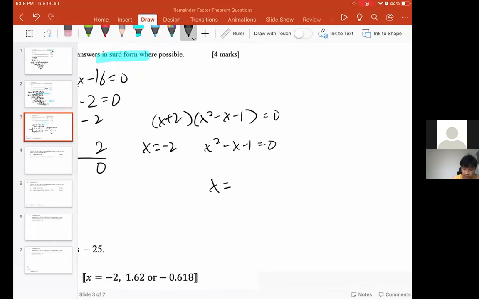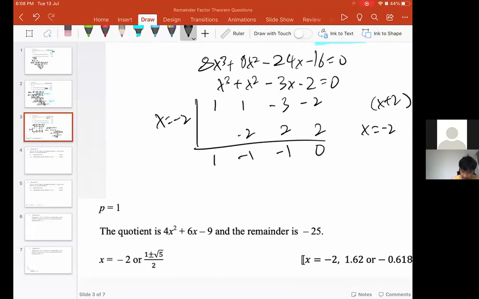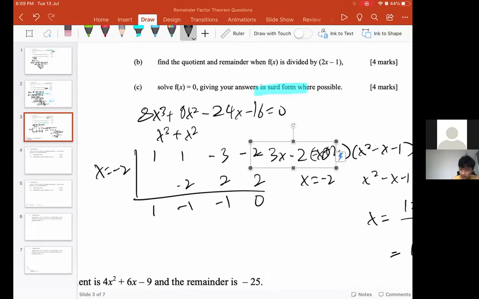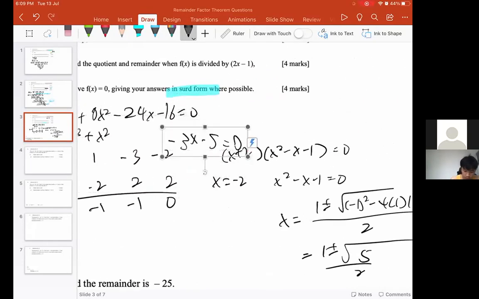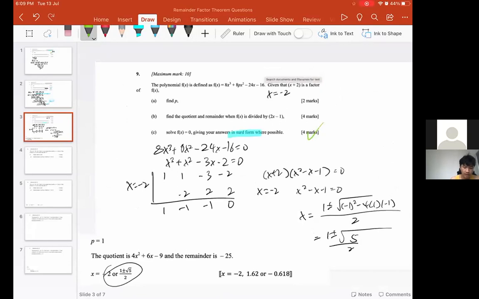So substituting it, minus (-1) is 1, plus or minus the square root of (-1) squared minus 4 times 1 times -1, over 2. We have 1 plus or minus root 5 over 2. And there we can see the answer is here. So once again, we have finished off this part, the 4-mark question solved.